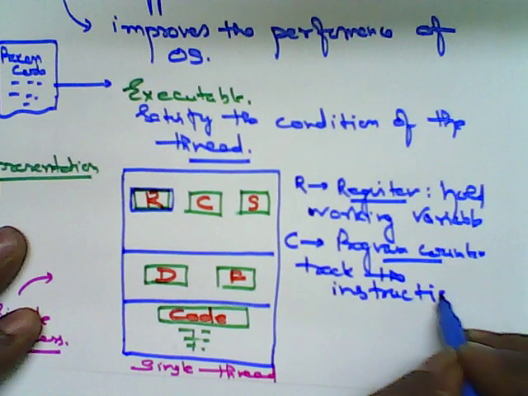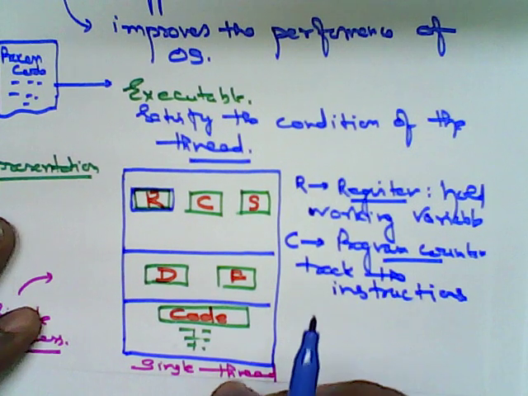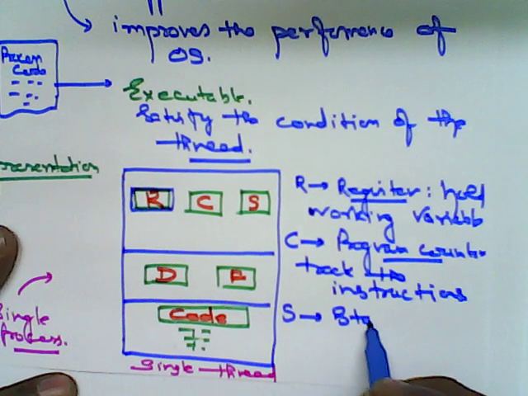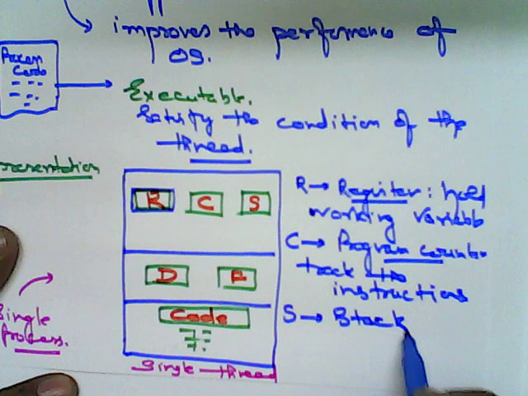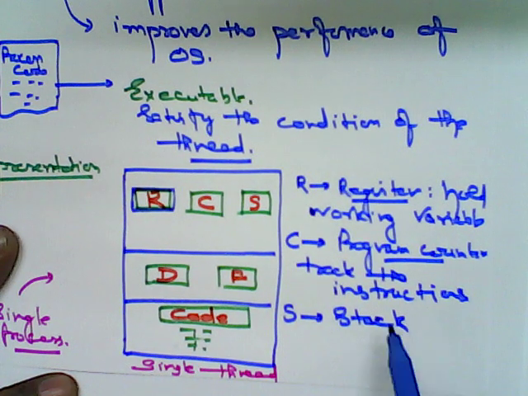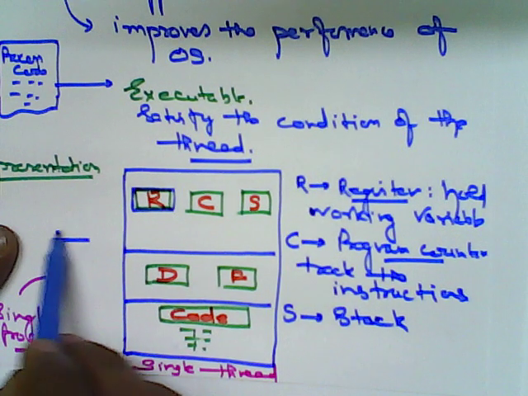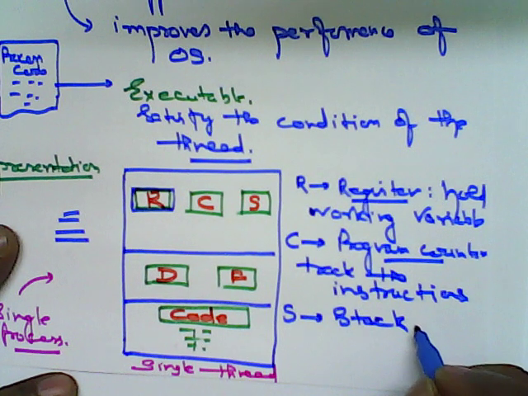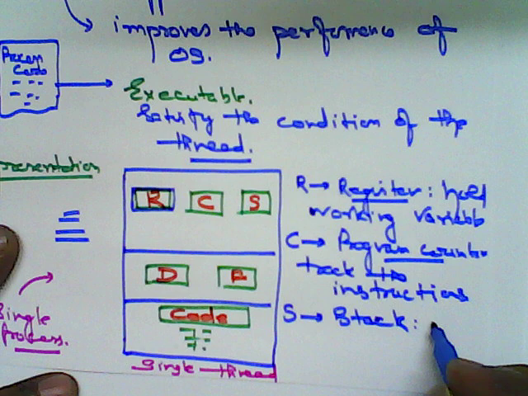Now the S stands for stack. Stack is something like when you go to the library and you see a collection of books. That is known as a stack. Stack is basically used to check the execution history.